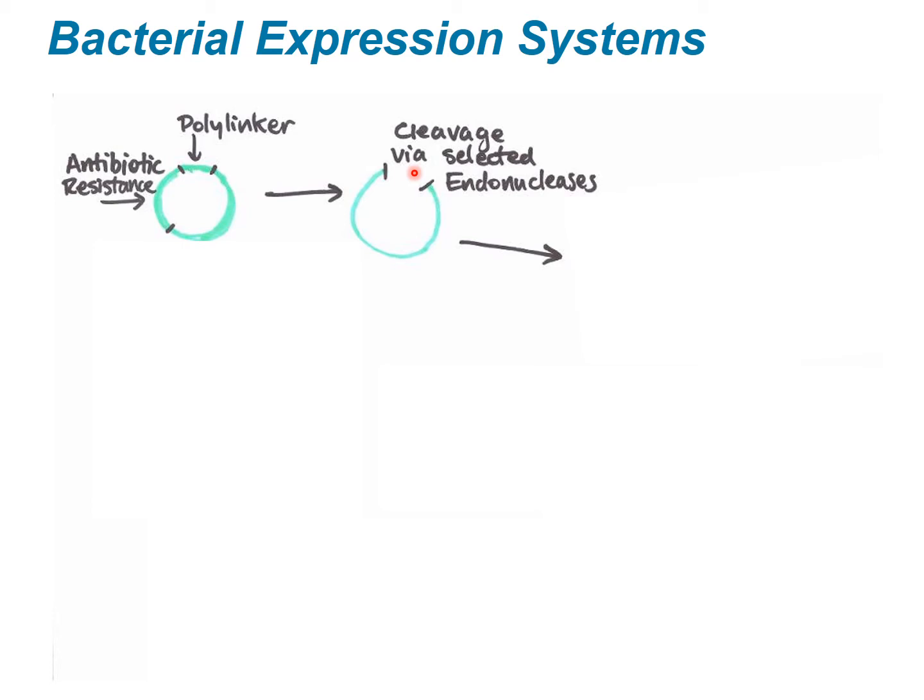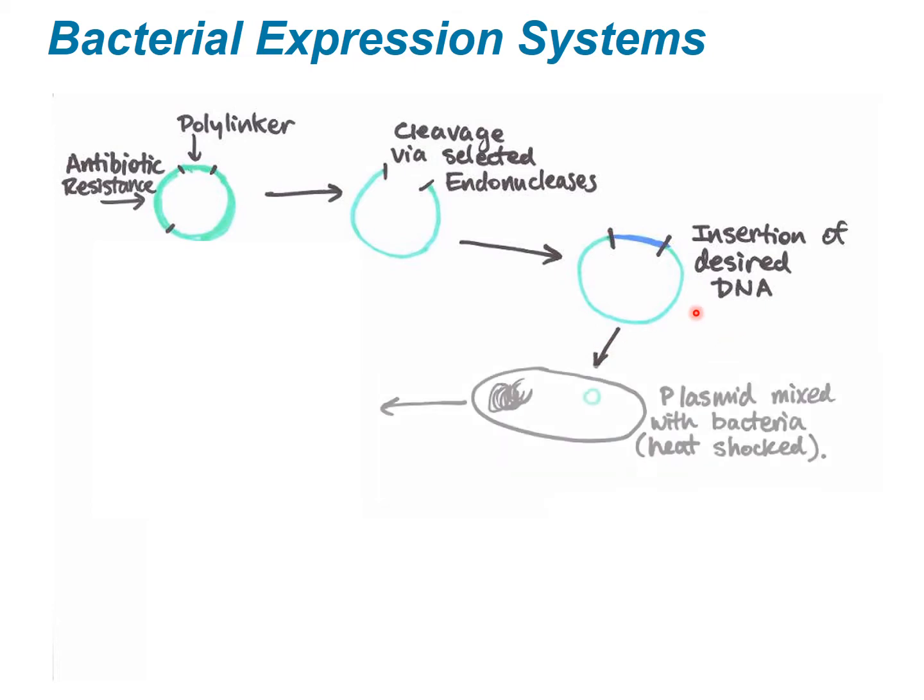The desired idea in an expression vector is that you insert your gene of interest in a certain direction, and the direction needs to be the direction in which expression is going to occur. Remember, transcription must occur from this piece of DNA. So once you insert your desired piece of DNA, now we have a recombinant expression vector.